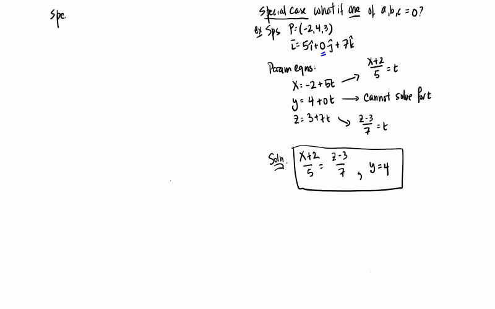So here's the second special case. And we'll say, what if 2 of ABCs are 0? So let's do an example. Let's say, for example, that A and C are both 0.